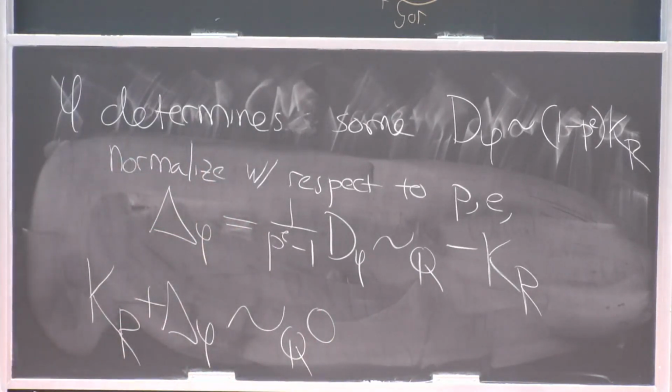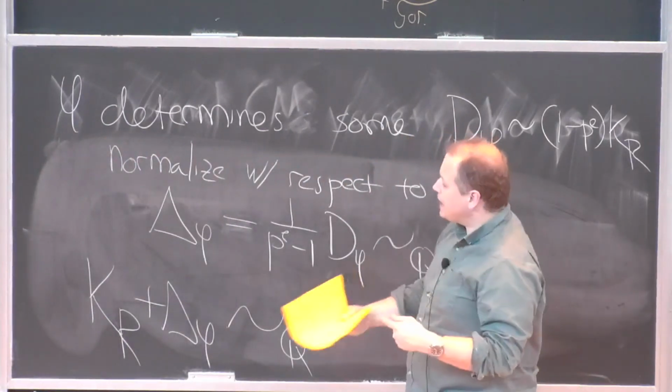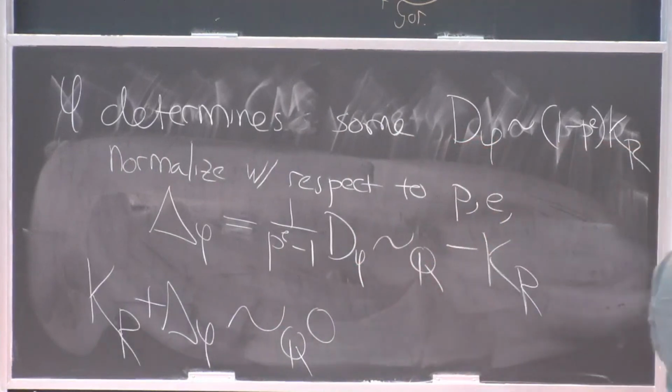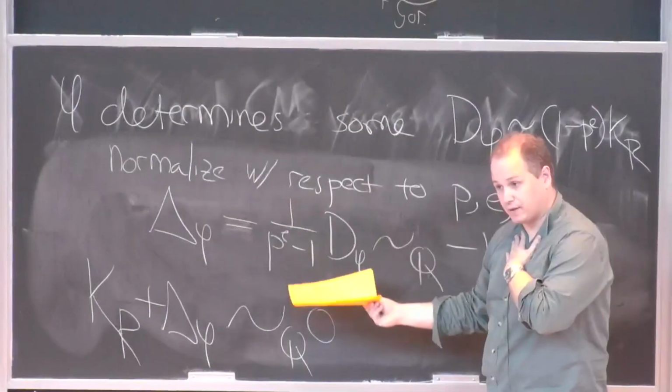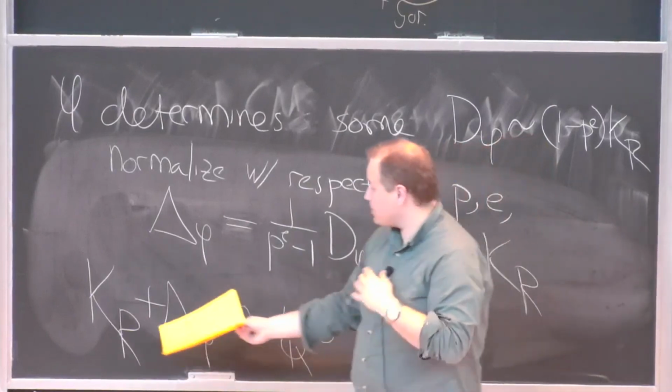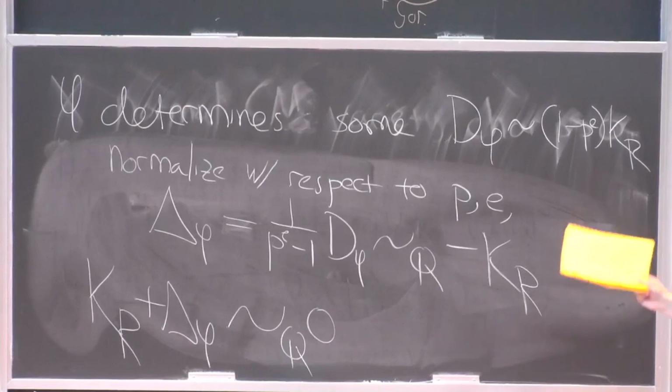And so this is the boundary divisor that has shown up in some other contexts. Okay, so what I'm saying is any choice of a map right here determines a Q-divisor. These are Q coefficients. I'm dividing by something with the property that K_R plus delta phi is Q-linearly equivalent to 0.